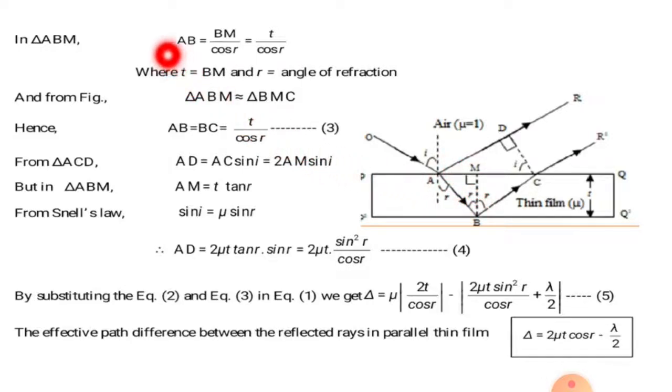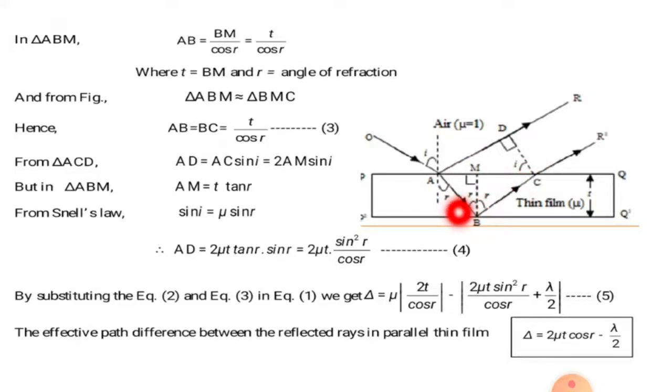Now cos R is equal to BM by AB, so AB is equal to BM by cos R. BM is the thickness of the film. Now substituting this value, AB is equal to the thickness of the film by cos R, where T is equal to BM and R is the angle of refraction. Here, triangle ABM is nearly the same as triangle BMC.